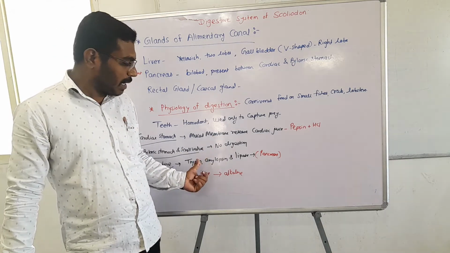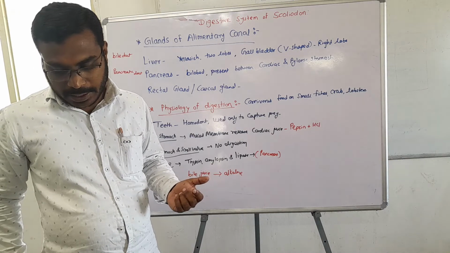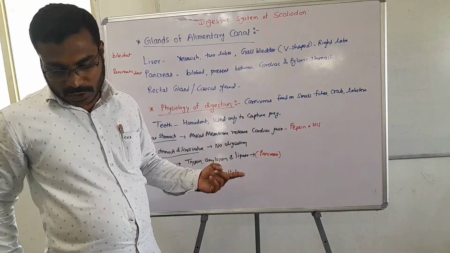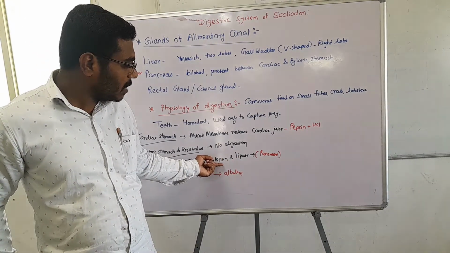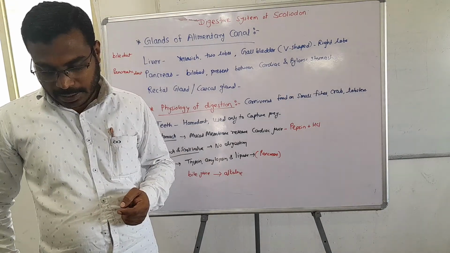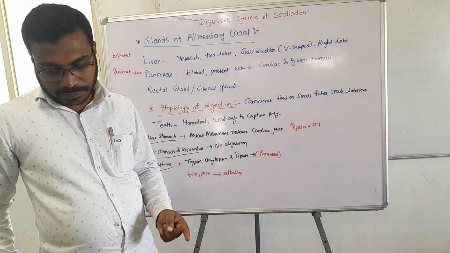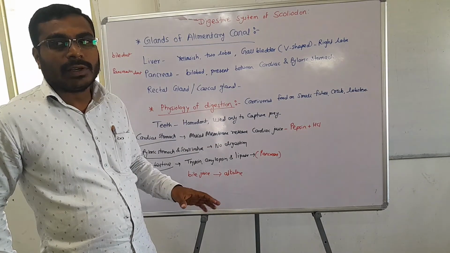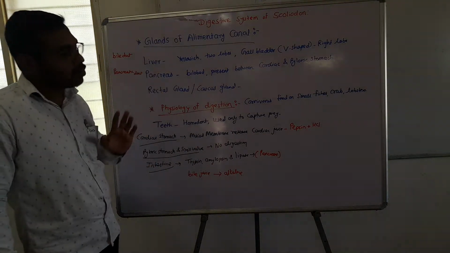The trypsin enzyme acts on the remaining proteins, and amylopsin converts starch into sugar, which means carbohydrates are converted into sugar. Lipase turns fats into simpler fatty acids. In this way, complete digestion of food occurs inside the intestine of Scoliodon.